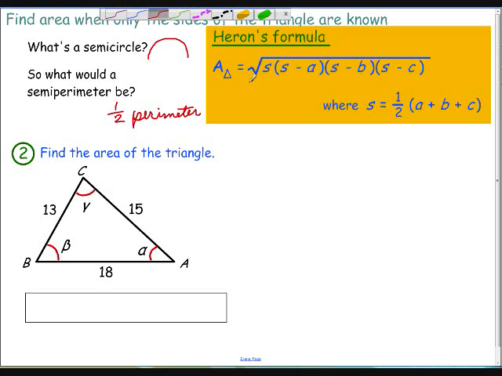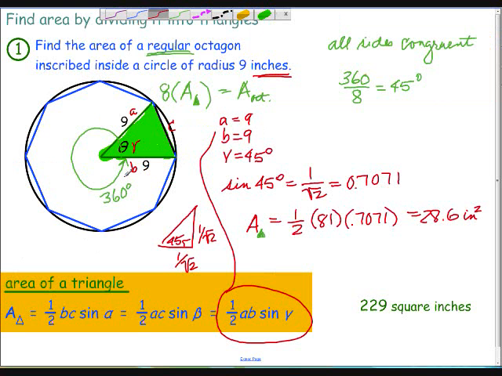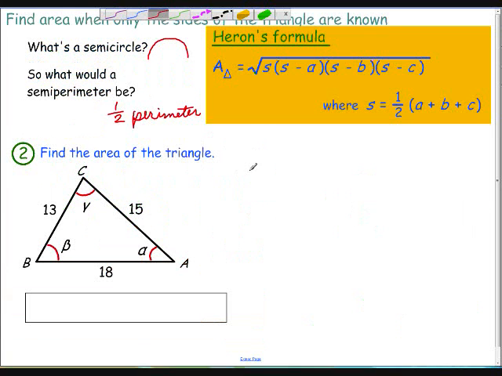Now we could skip Heron's formula and we could still figure it out because we know how to solve this problem, and we could find one of these angles and then we could go back and do it the way we find the area of a triangle with sine. But this is going to be much quicker for us because we don't have to go into any of the trig functions, do we? Sometimes that might be nice.